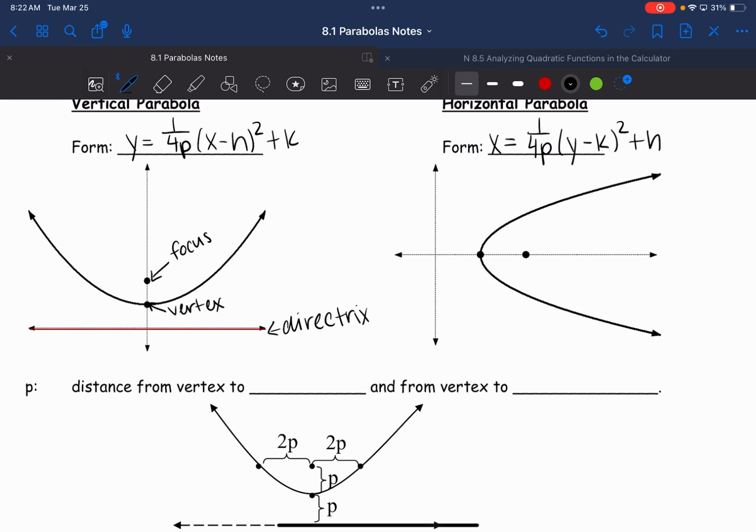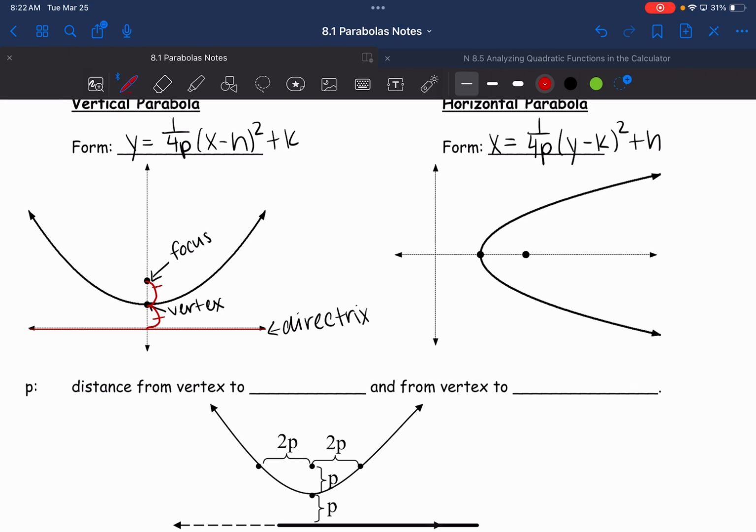Okay, and what we said earlier is that your vertex should be right in between them, right? That those two things are equal distance from your vertex. So we're saying the distance from here to here is the same as the distance from here to here. Okay, so those should be congruent.